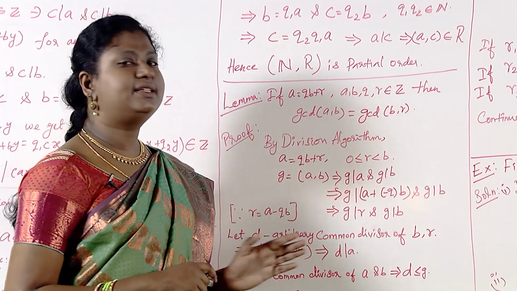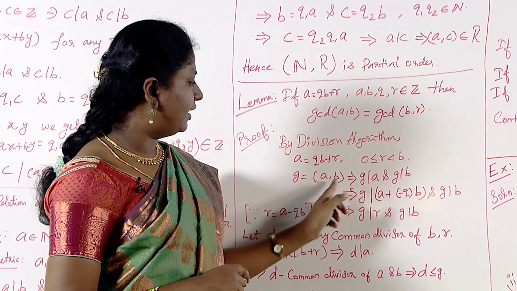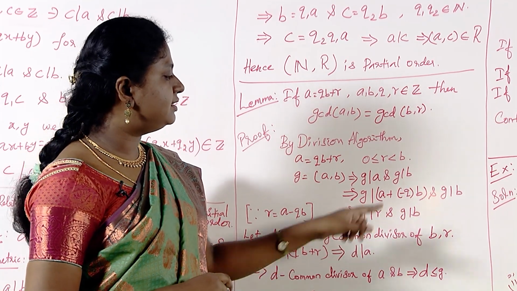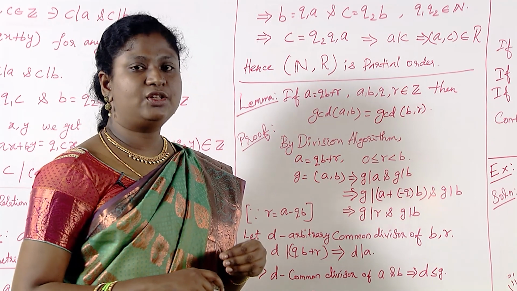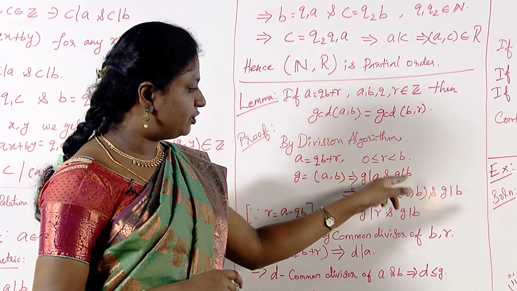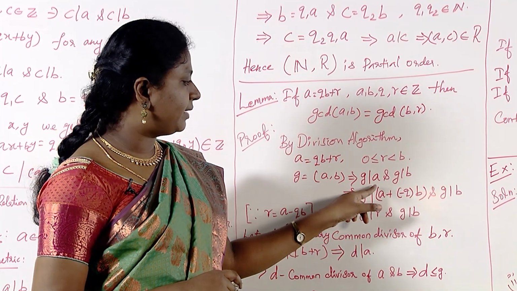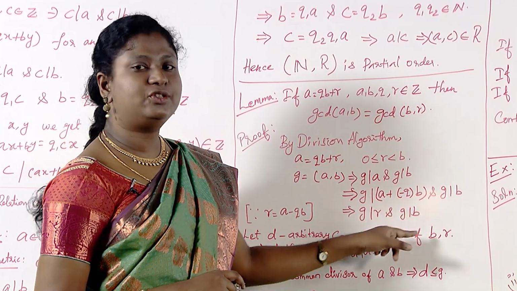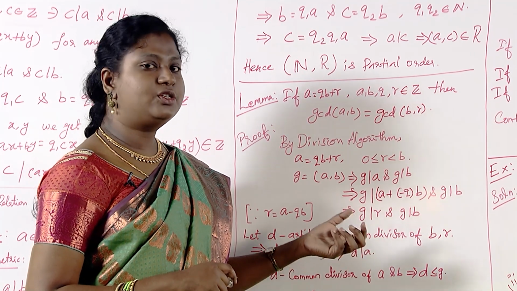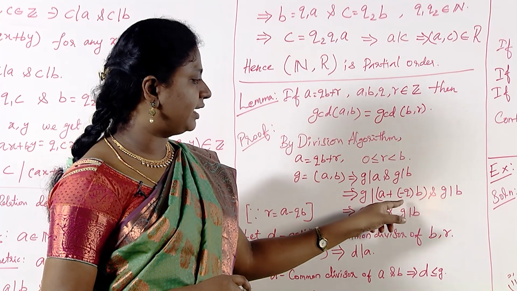Now, since G is a GCD of A and B, according to the definition, G should divide A as well as B. Since G divides B, G should divide all the multiples of B. Therefore, G should be able to divide minus QB also. So, now I have G divides A and G divides minus QB. If G divides A and G divides minus QB, it should divide the sum of both of them, that is G divides A plus minus QB.